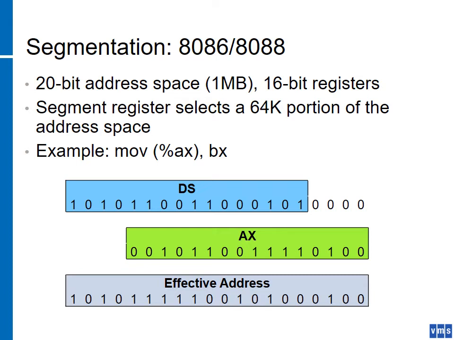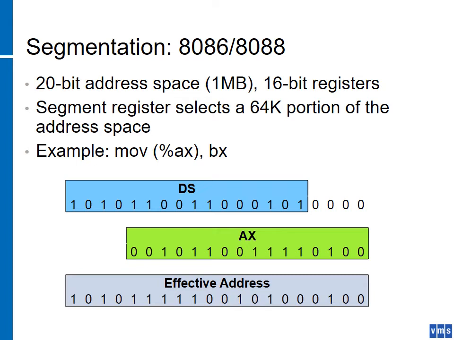So, for example, if you have an instruction that moves the contents of the memory pointed at by register AX to register BX, you're going to take the value of the DS register, the data segment, shift it left by 4 bits, and then add the value of the AX register to get the effective address.